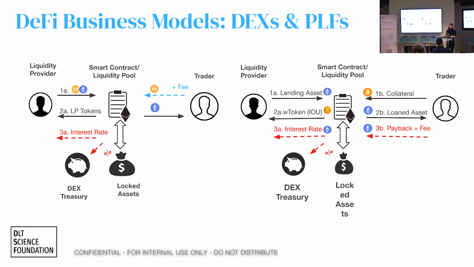But if it's some other token, a more volatile token, and you deposit $100 worth of that token, you may only be able to take out 20% of that loan, and so on and so forth. So you have over collateralized borrowing, liquidation, and underwriting to handle these risks.